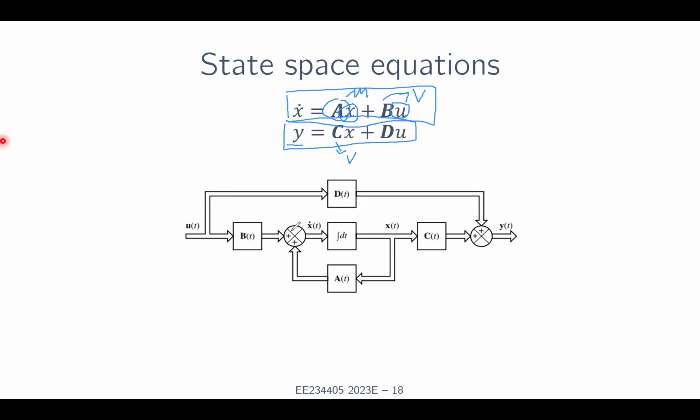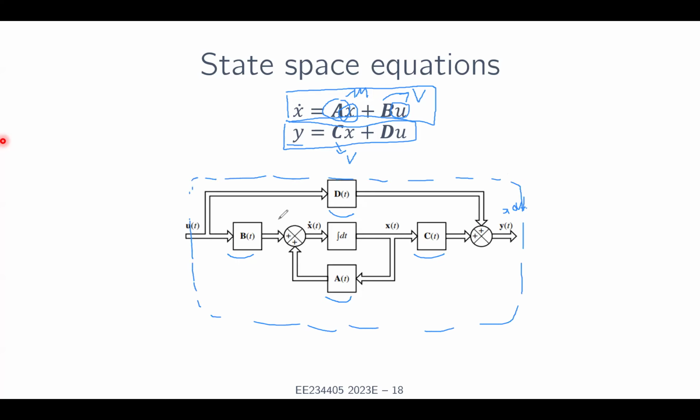Here is the block diagram of this state space equation. So we have, of course, the vector B here, and the matrix A and other vectors such as C and D. Y again is the output, and U is the control signal or the input. Suppose that this is the plant, or the system, or the process, let's say.